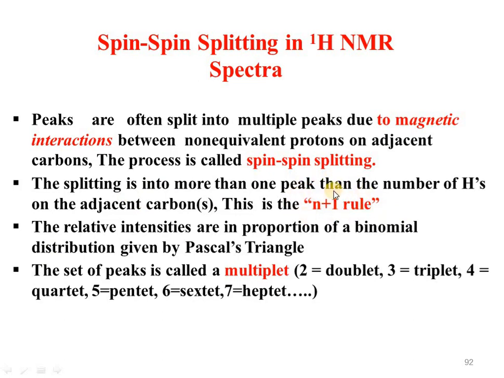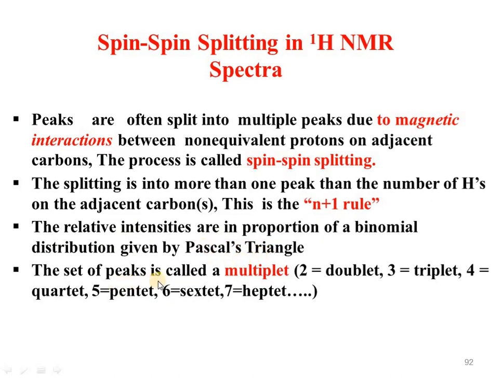So a peak will be split into n+1 peaks, where n is the number of neighboring protons. If there is one neighboring proton, the signal will be split into 2, and the intensities are in proportion to a binomial distribution given by Pascal's triangle, which you will understand further.